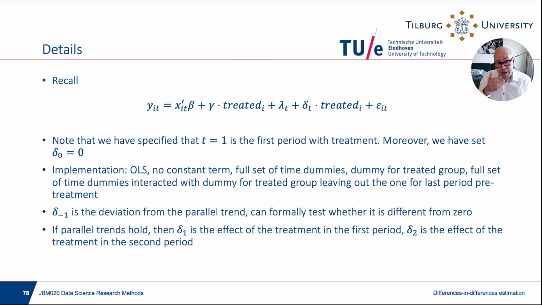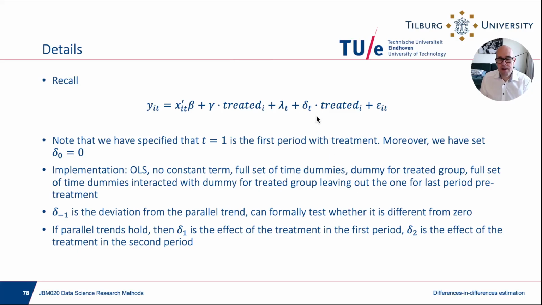Good. So you might now wonder, this sounds great. How can we implement this in practice? Before I run OLS, what do I need to do? It's actually very easy. You run OLS as before, and the specification you use is one without a constant term, with a full set of time dummies.